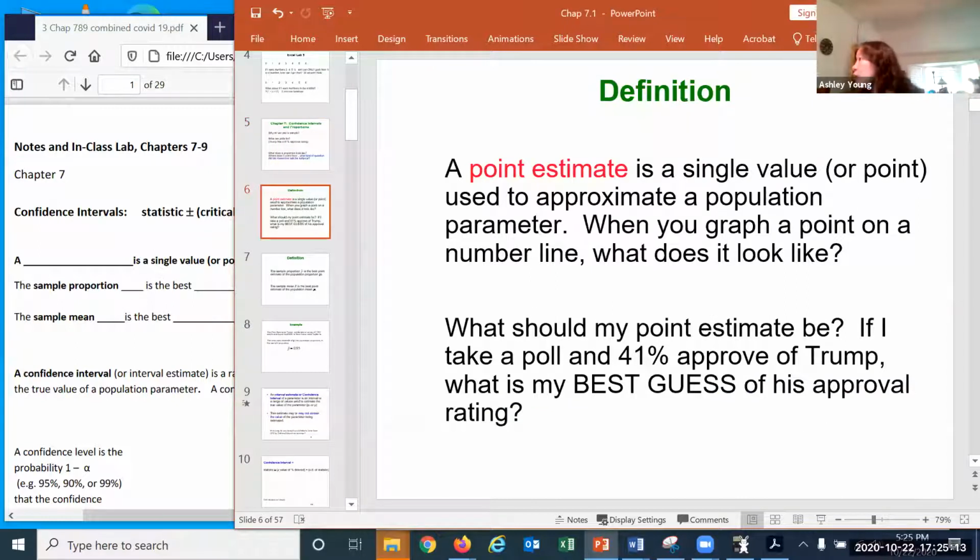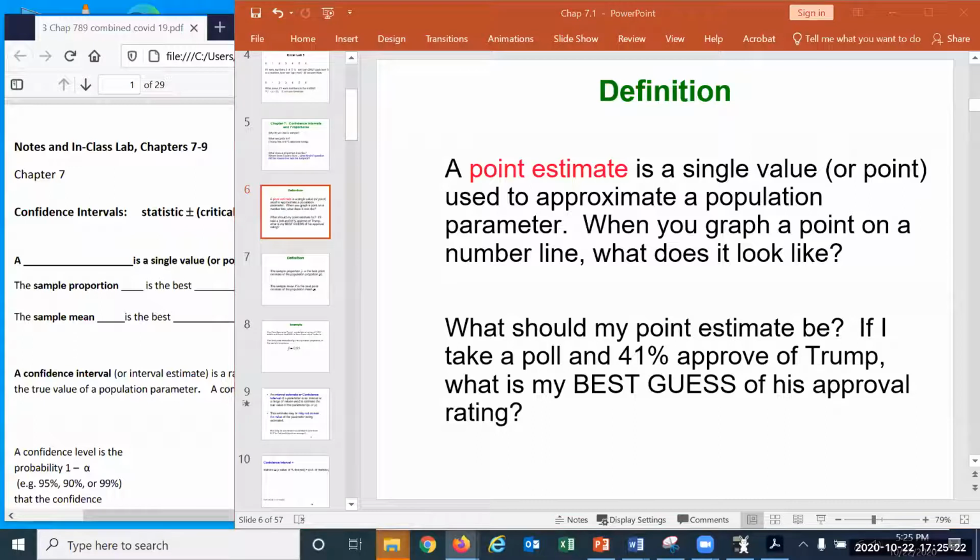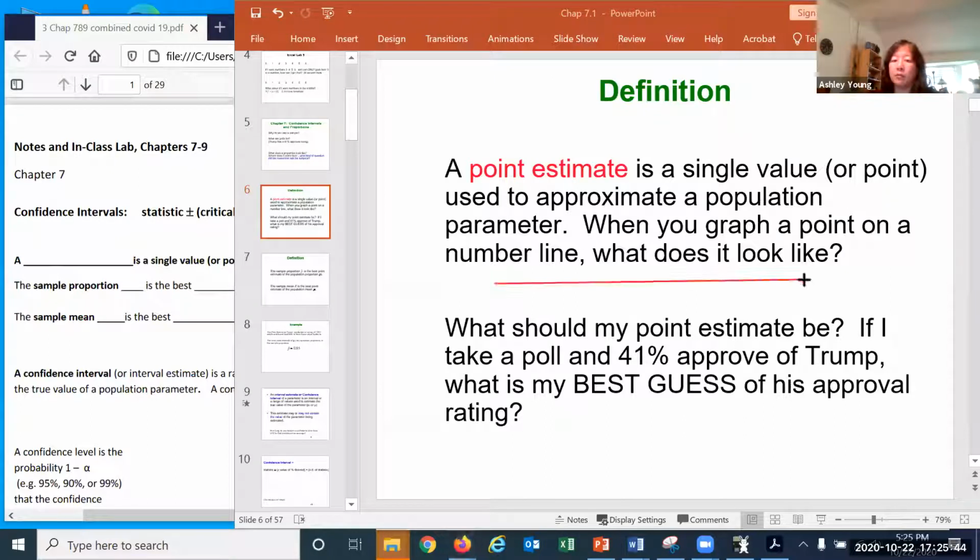Let's get someone reading this one. How about somebody who hasn't? Ilya, go ahead and read for me. Definition: a point estimate is a single value or point used to approximate a population parameter. When you graph a point on a number line, what does it look like, guys?